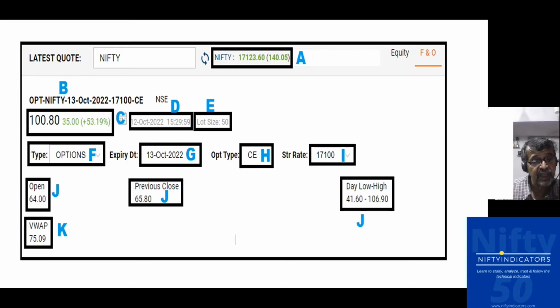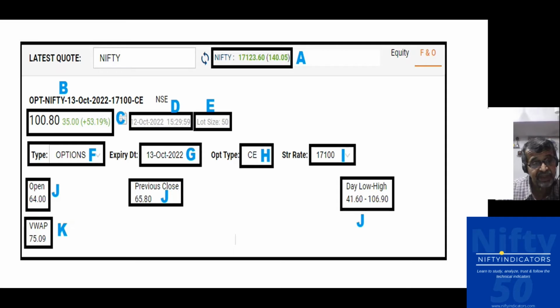F gives instrument type. In this case, it's options.